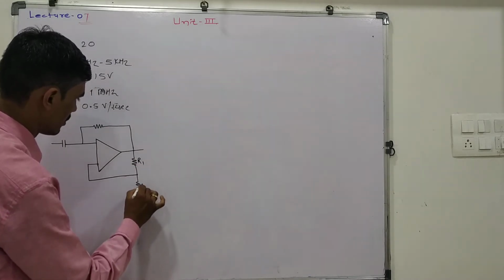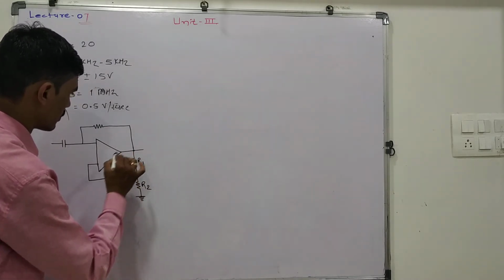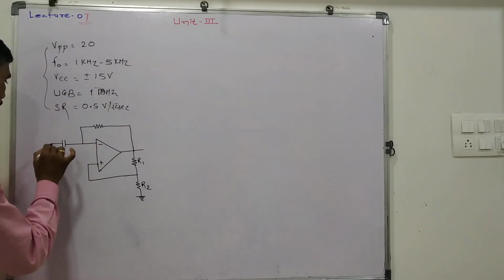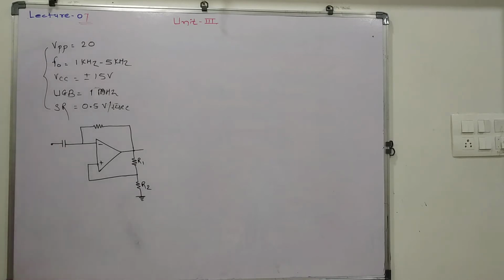So this is R1, this is R2. This is negative, this is positive. So this is the complete circuit diagram.